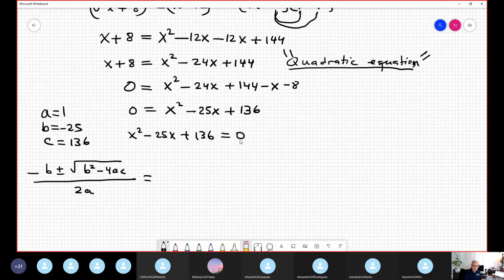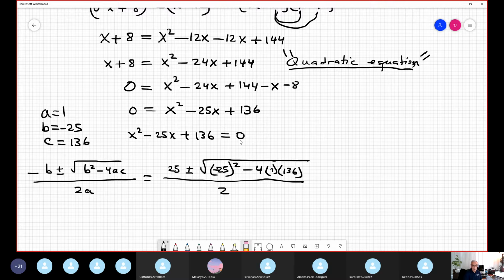Plugging in, substitution: double minus is 25, plus or minus square root of negative 25 squared minus 4 times 1, which is invisible, times 136, everything inside the radical, divided by 2 times 1, because a is 1.